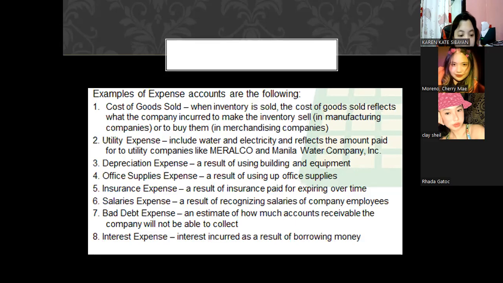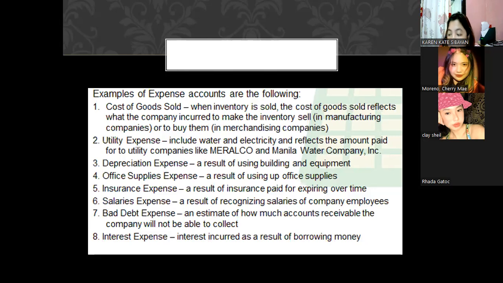Okay? So office supplies expense, these are a result of using up office supplies. So usually consumables pag sinabi mong office supplies. Kung meron tayong supplies, ang katandem niyan, supplies expense. Kunwari, bumili ka, asset is supplies.